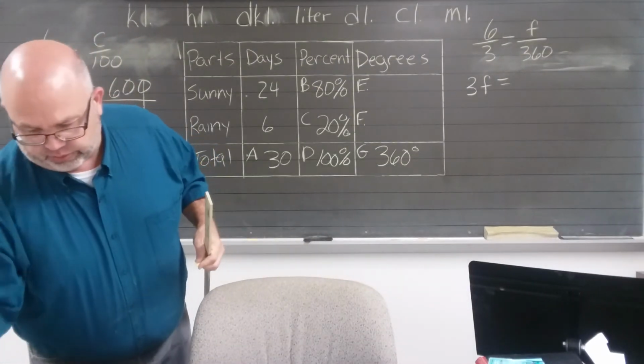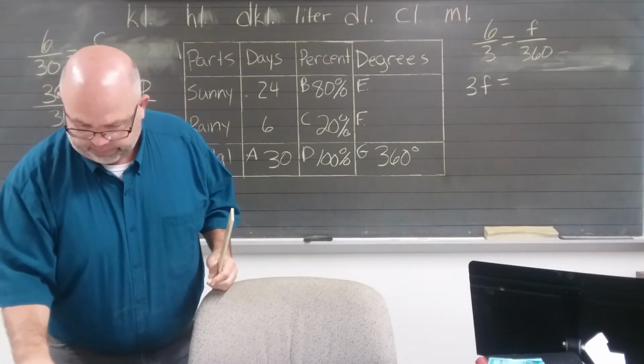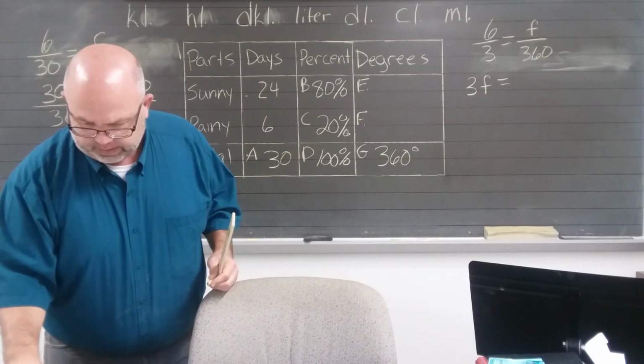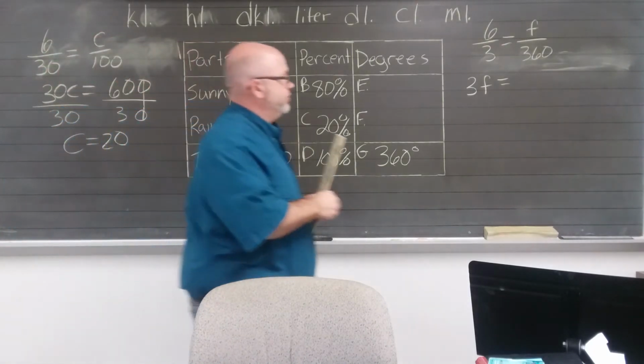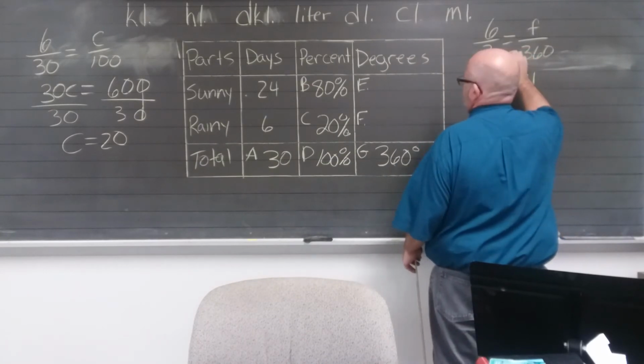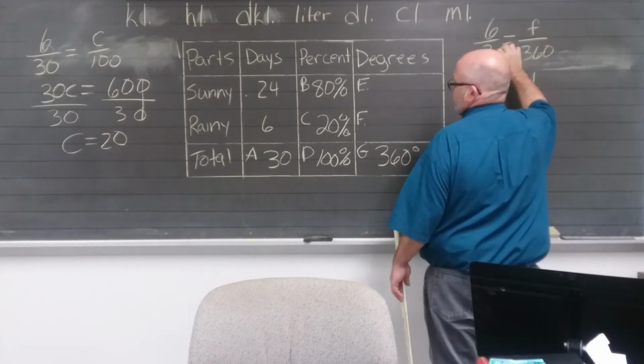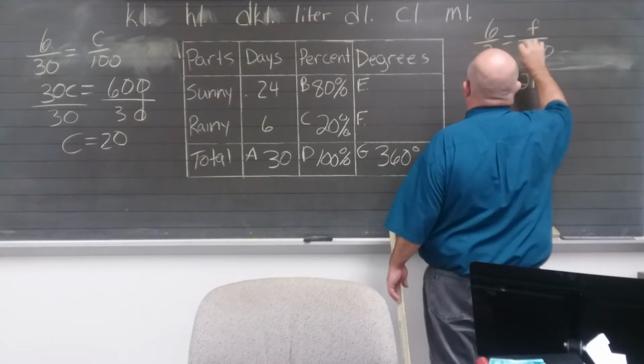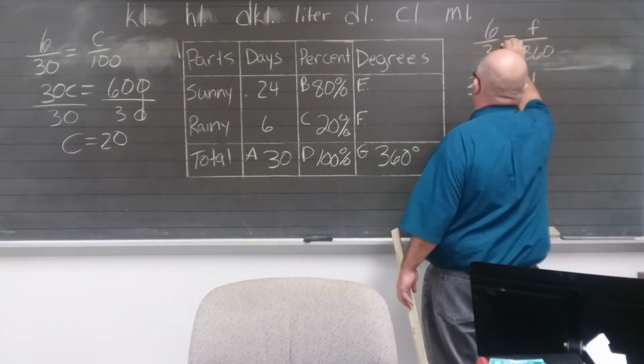Sorry, I'm cheating again. 360 times 6, 2160. It's supposed to be a 30, sorry.